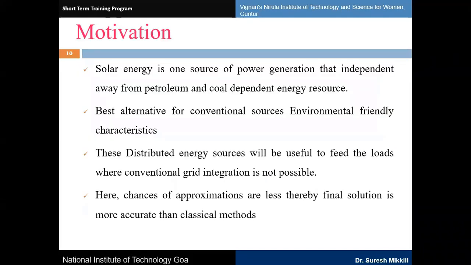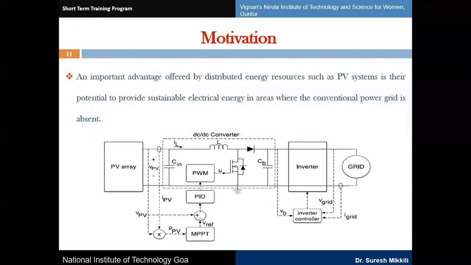Then, coming to the main motivation, there is a PV array, and on that side a grid connected system. In the middle, what is there? Suppose there is a PV system generating a small amount of power.